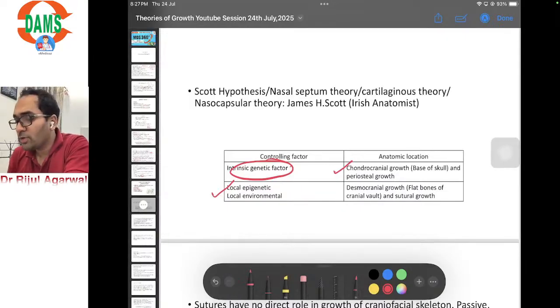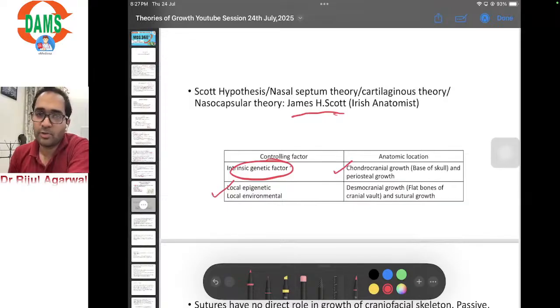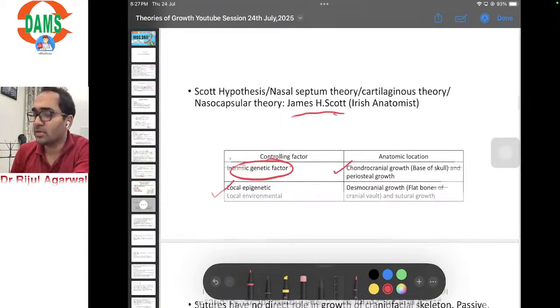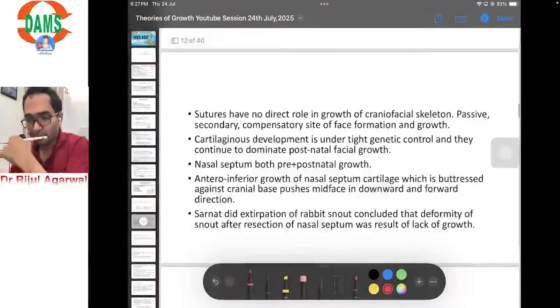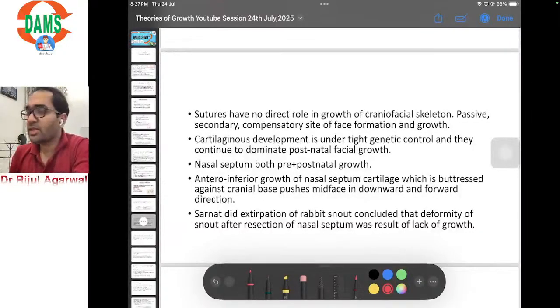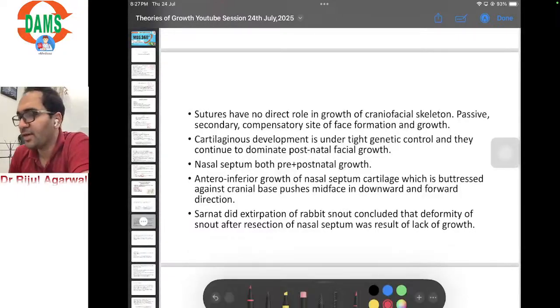Again this theory was given by James H. Scott, who was an Irish anatomist, also known as Scott's hypothesis, nasal septum theory, cartilaginous theory, or nasocapsular theory. So what does it say? It said that sutures have no direct role in the growth of the craniofacial skeleton.